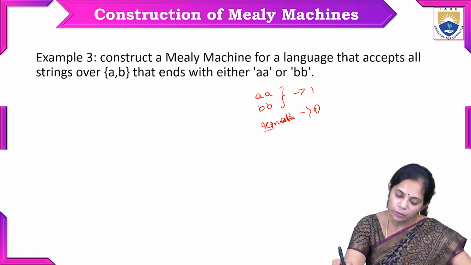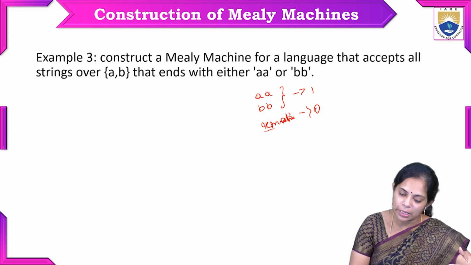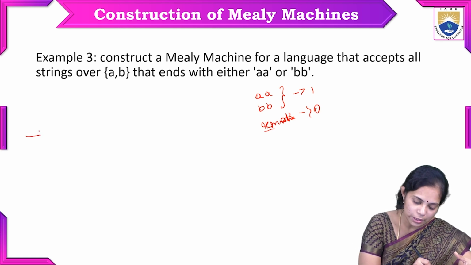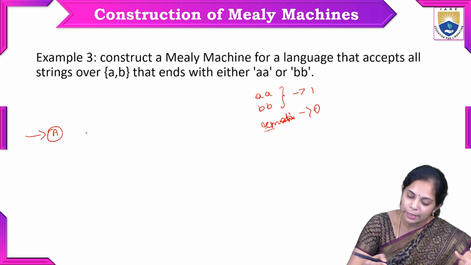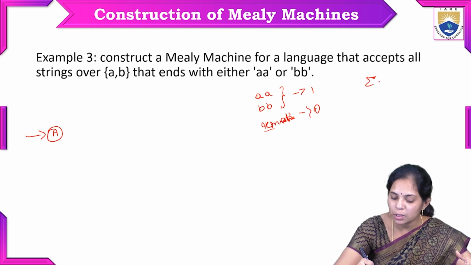For this one, as usual, we have to start with the starting state A. What are the input symbols here? a comma b, and the output symbols are 1 comma 0.